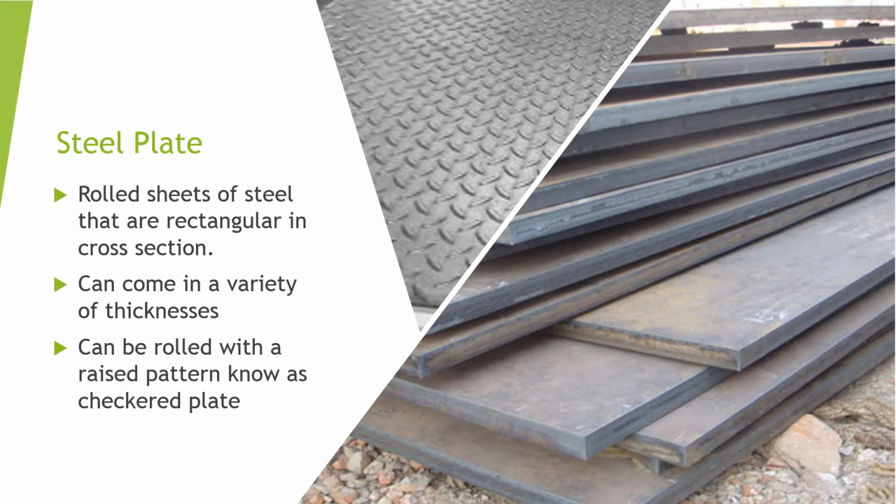They can be rolled from steel plate. It can come as a raw material, like you see right here. It's a great asset to any job because sometimes steel components need to be fabricated on site. It's great to have lots of plate on site.